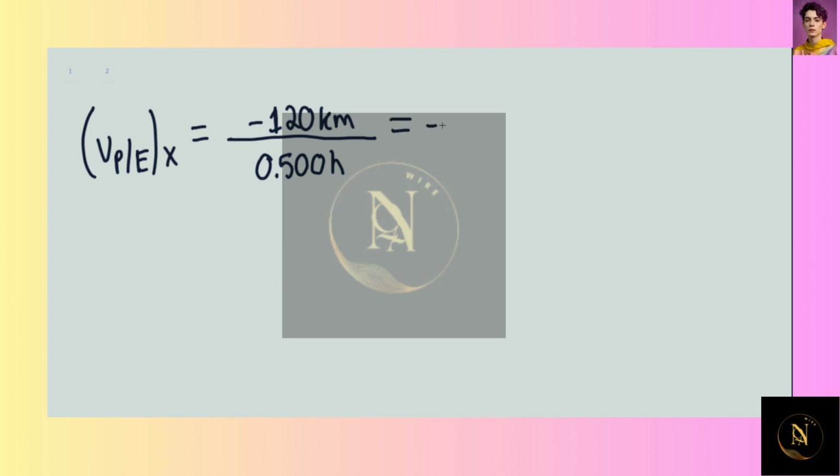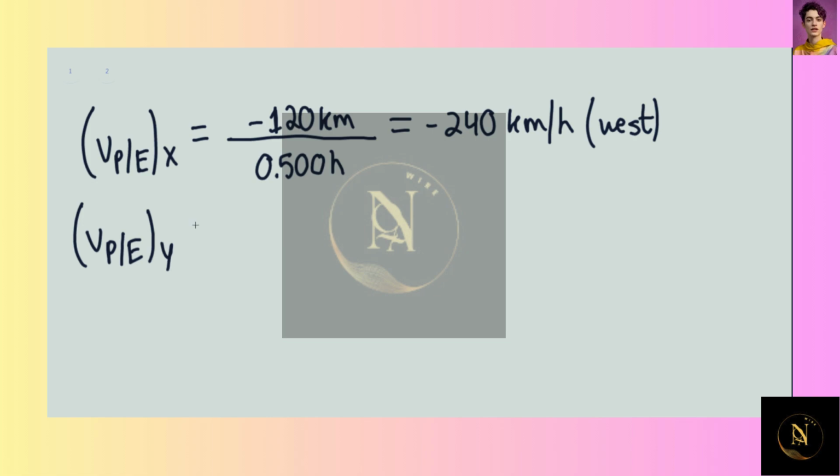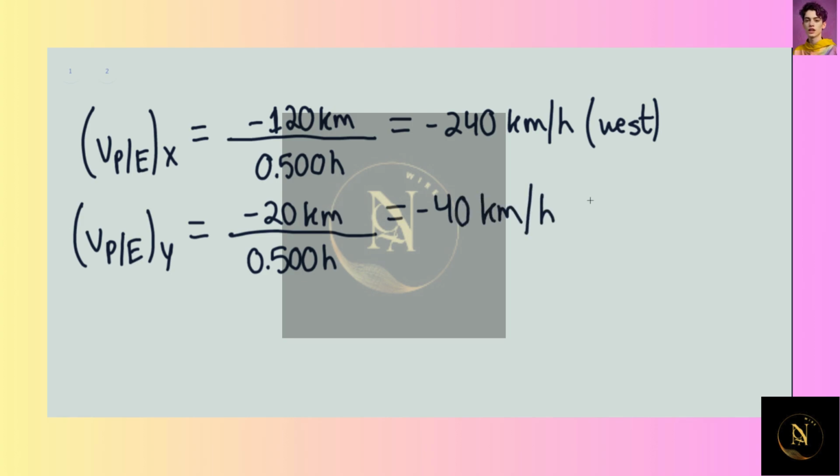This gives us negative 240 kilometers per hour, west. And the velocity of the plane relative to the Earth in the y direction would be negative 20 kilometers divided by 0.500 hours, giving us negative 40 kilometers per hour directed towards the south.